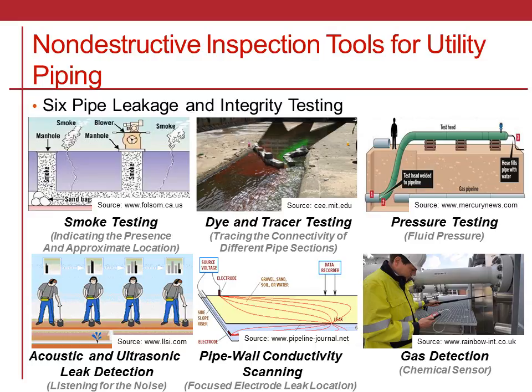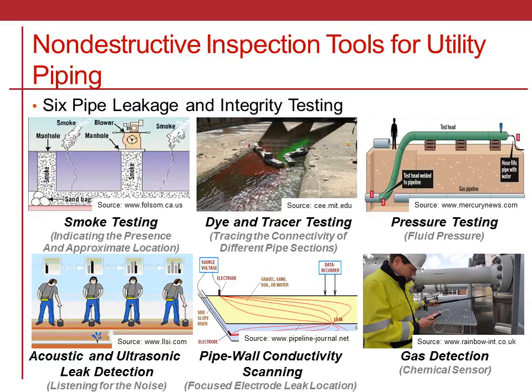The final method is very familiar to us: gas detection. Leaks in a gas pipe can be detected by a chemical sensor. It is easy for overground pipes, but it is difficult to determine leaks for underground pipes.